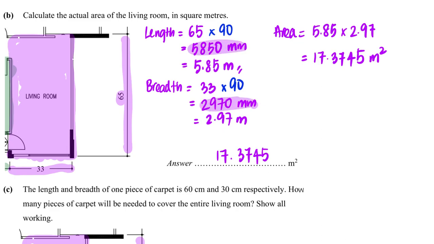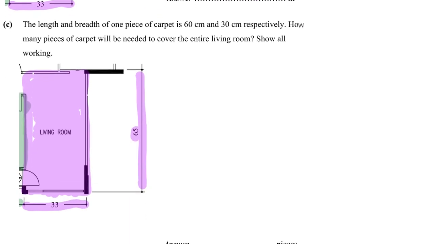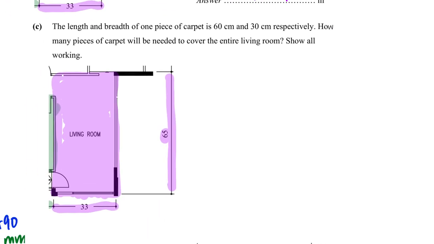I just need to convert it to cm instead of meter. So instead of writing this, I'm going to just write down the actual length, 585 cm here, 297 cm here.